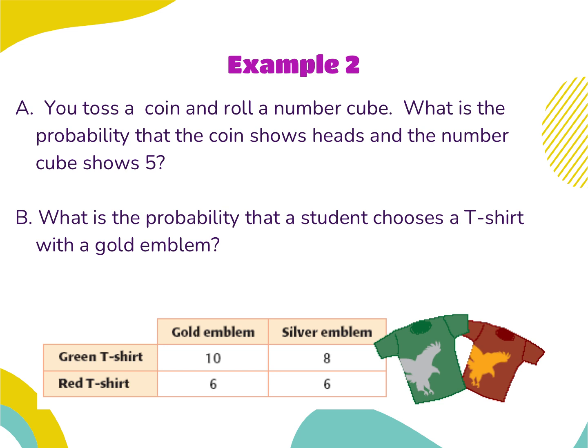All right, looking at example number 2, it says you toss a coin and roll a cube. What is the probability that the coin shows heads and the number cube shows 5? So we kind of did this one already, but it's asking me for something else. What is my total outcomes?